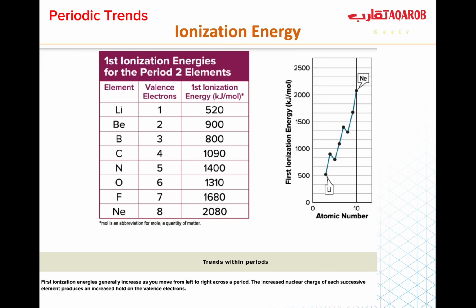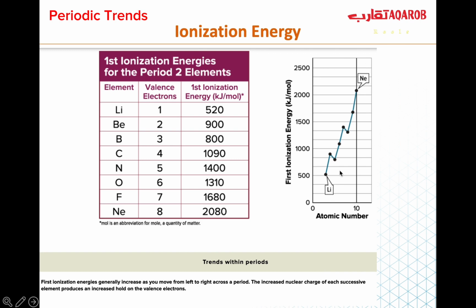First ionization energies generally increase as you move from left to right across what? Across a period. As you move from left to right across a period, the increased nuclear charge of each successive element produces an increased hold on the valence electrons. So again, the first ionization energy generally increases as you move from left to right across the period.